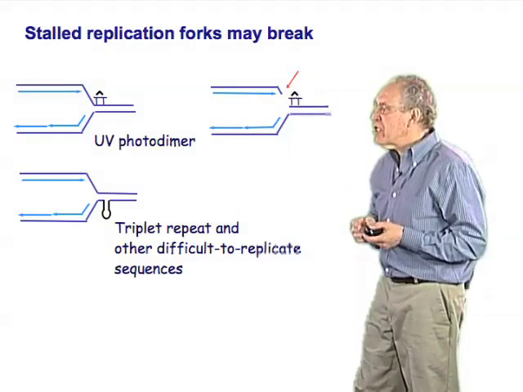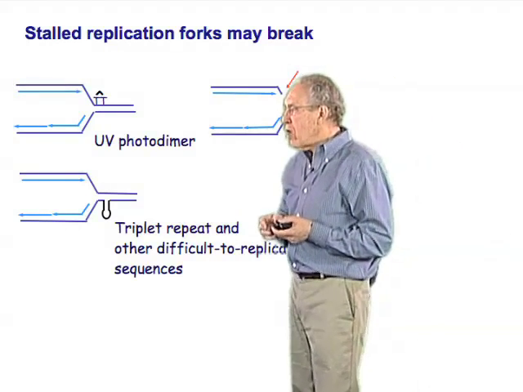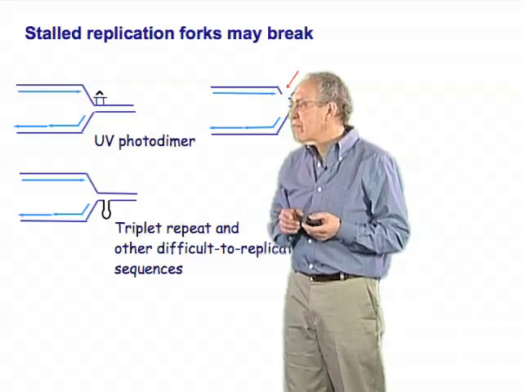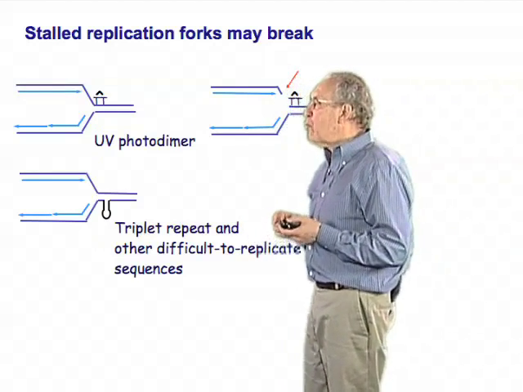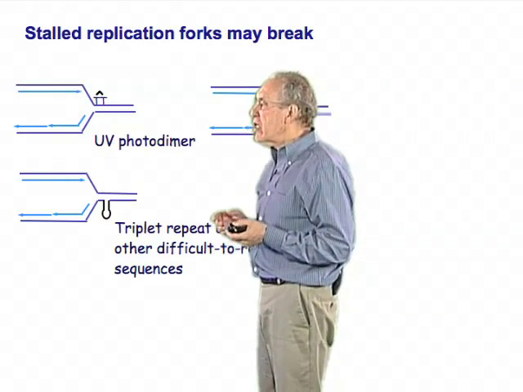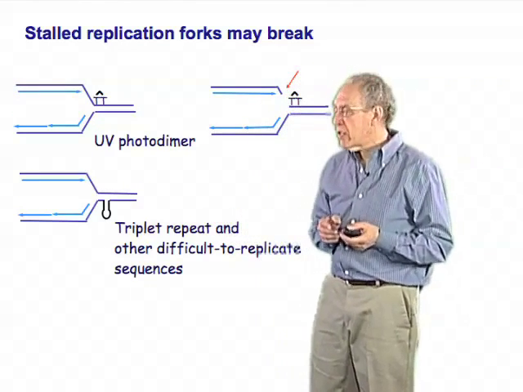Another way in which these replication forks are stalled is by unusual DNA structures which form ahead of the DNA replication fork and which make palindromes and other structures which, again, are difficult for the DNA replication machinery to bypass.